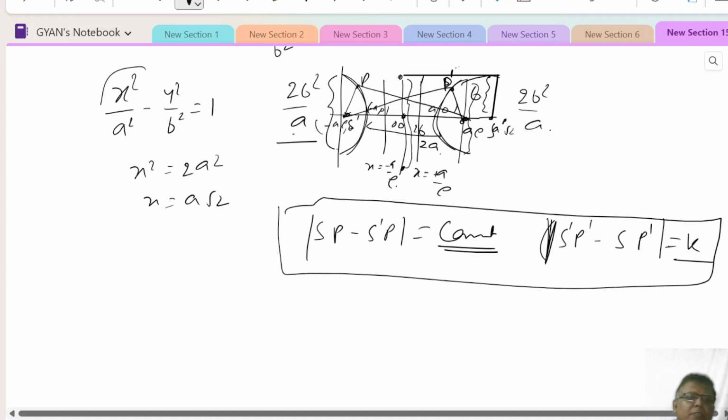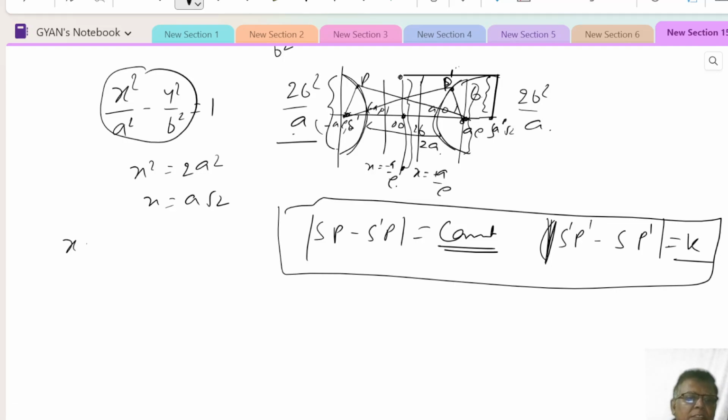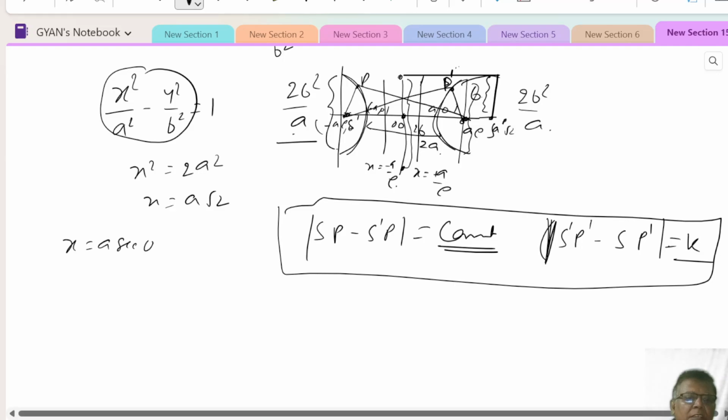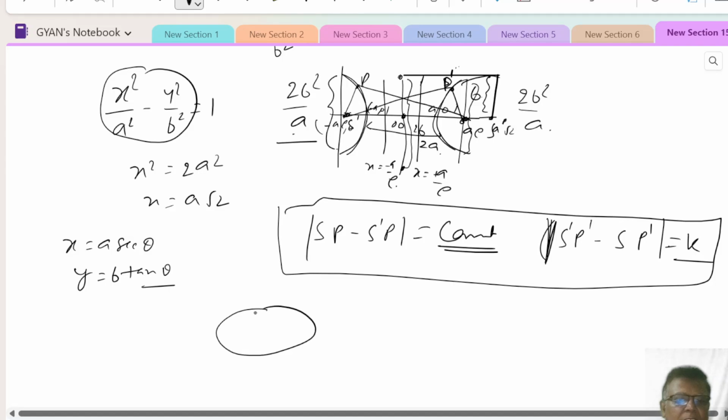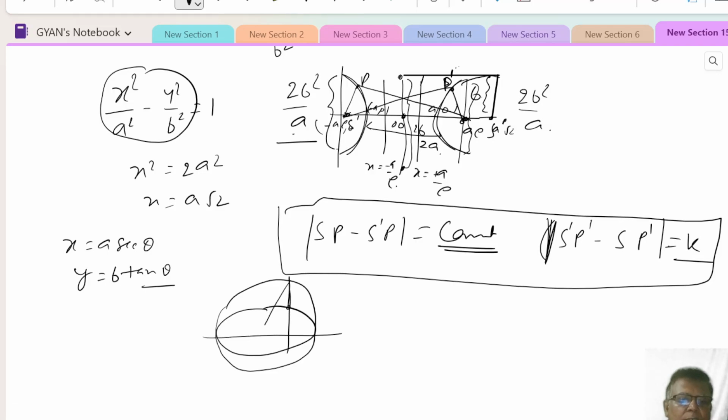So what is the parametric equation of this? So parametric, it will satisfy only when x is equal to a sec theta and y is equal to b tan theta. So what is theta? In ellipse we have seen theta is when we make the auxiliary circle. Suppose this point, theta you want to know, just you extend it, and from the center this is the theta.